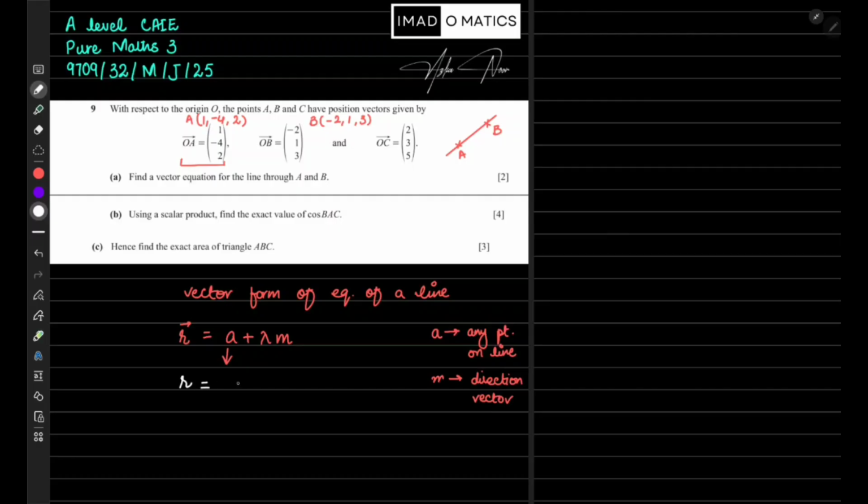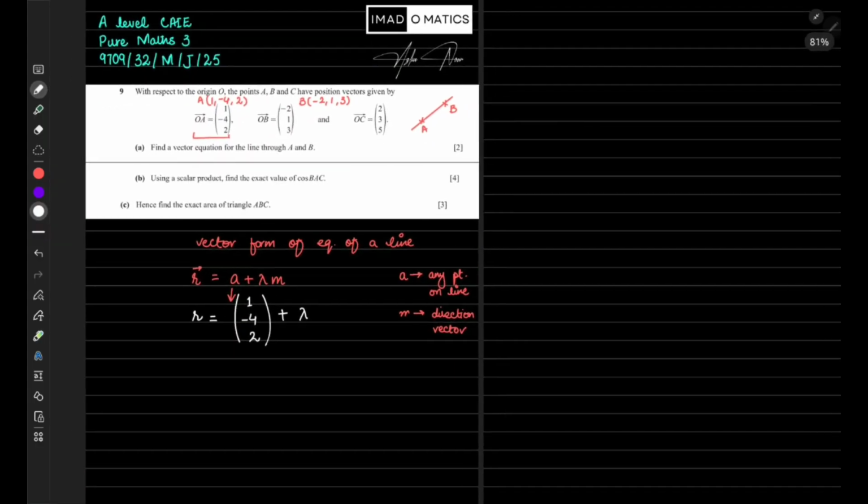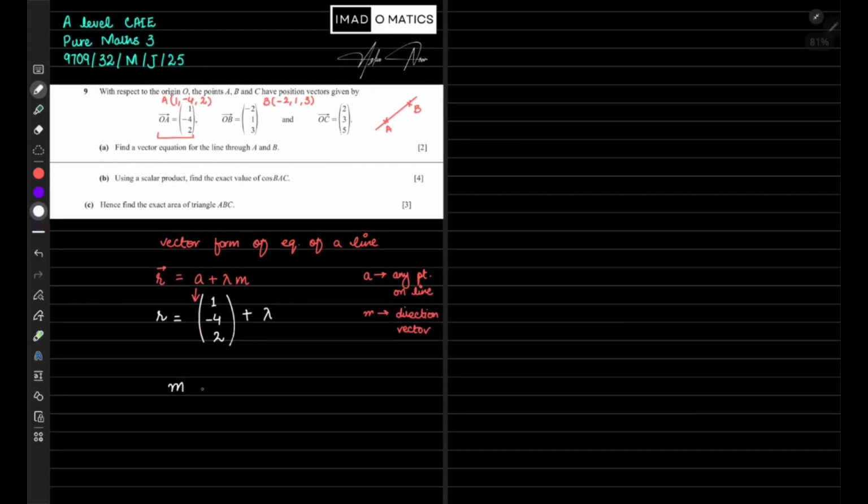r will be equal to, I am taking point A and we are writing that in the vector form, (1, -4, 2) plus lambda m. First we need to find the m. m is the direction vector, so that means m will be actually the vector AB, because we know these points. And how can we write the vector AB?